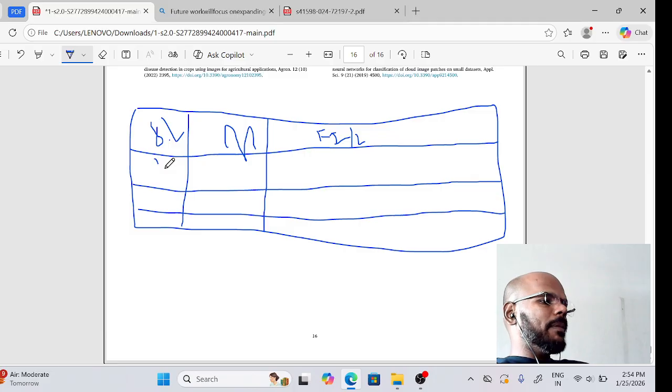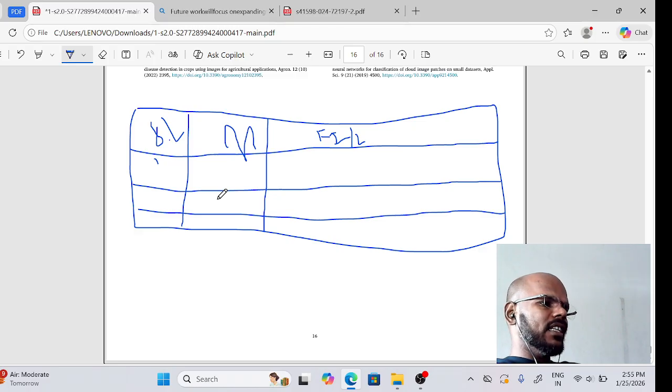For example, paper 1 is about plant disease detection. You write the future gaps or limitations here. Similarly for paper 2, the methodology: what type of methodology is used, for example a VGG network or an ensemble model. If they use an ensemble model, what are the base models in it? For example, an ensemble model used for plant disease identification has CNN and vision transformer as base models.